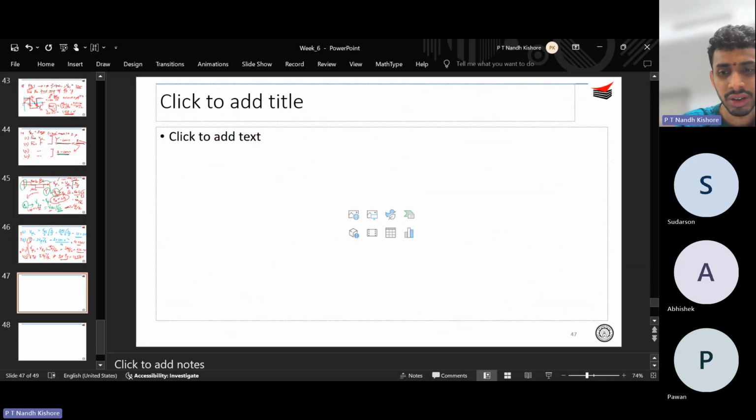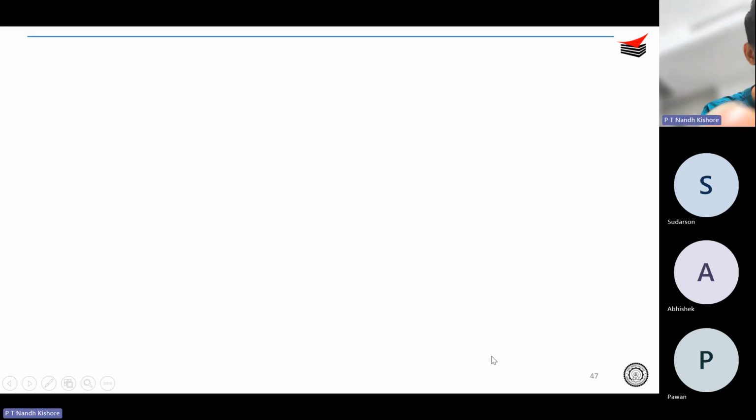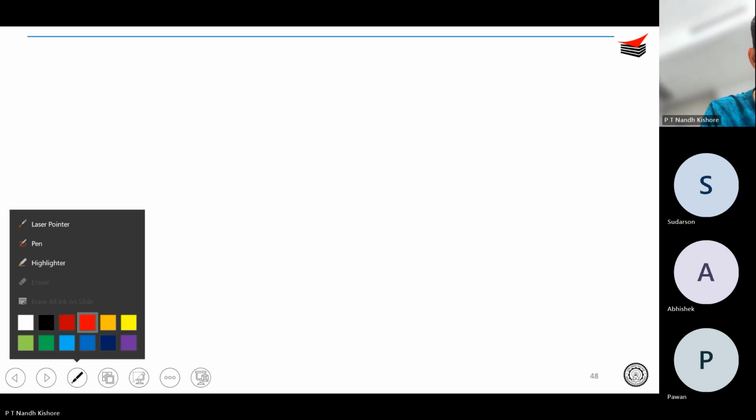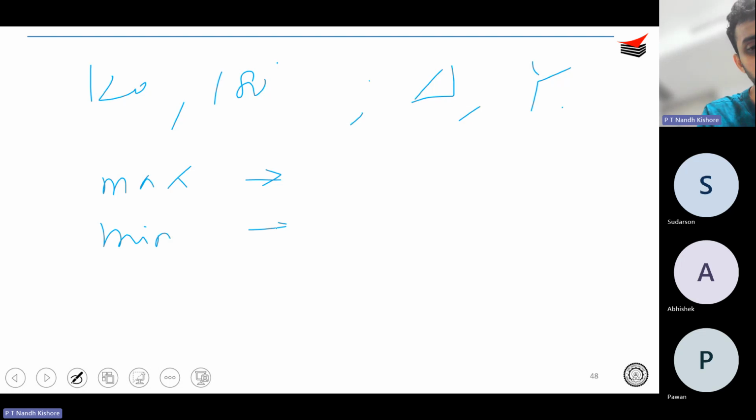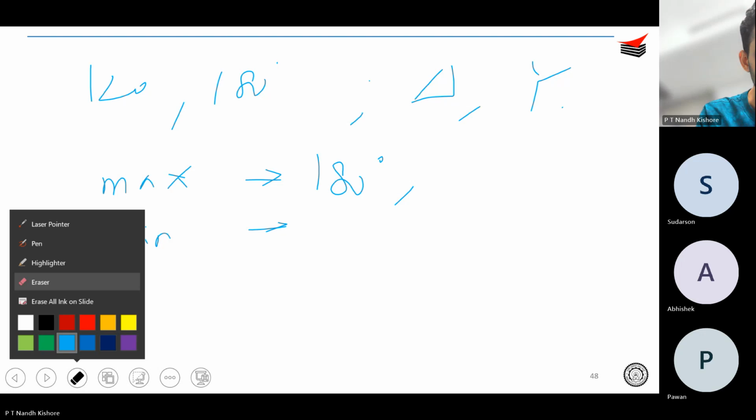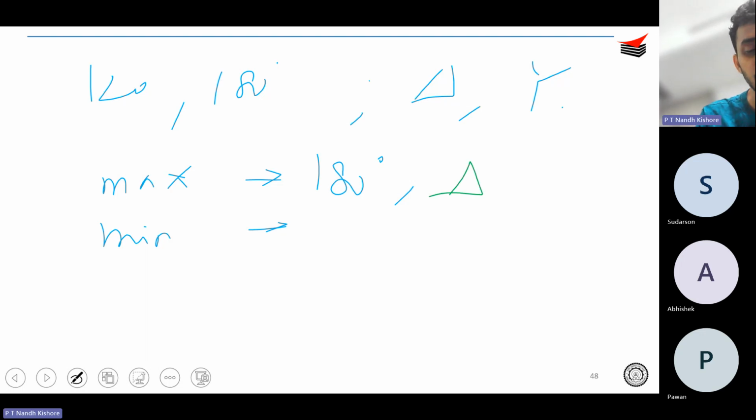You got the question? That is, I can run it in 120-degree mode or 180-degree mode. I can run it in delta or star. Which will give you maximum output power, which will give you the least output power? If you see, the maximum output power will be obtained with 180 degree and delta, and minimum you will get with 120 degree and star.